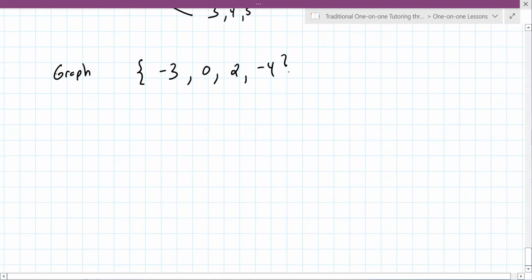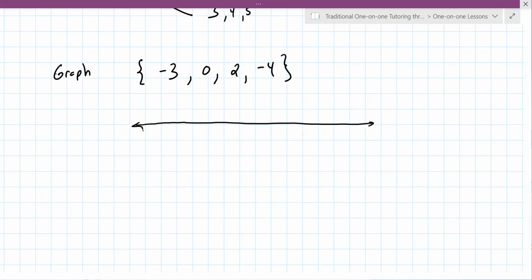Okay, so I want you to graph these 4 numbers for me, please. Let me know when you're all done, and I'll graph the answer for you. Okay, so first is -4. Go ahead and graph it yourself. There's no way for me to talk you through this other than to see if your answer looks like mine.